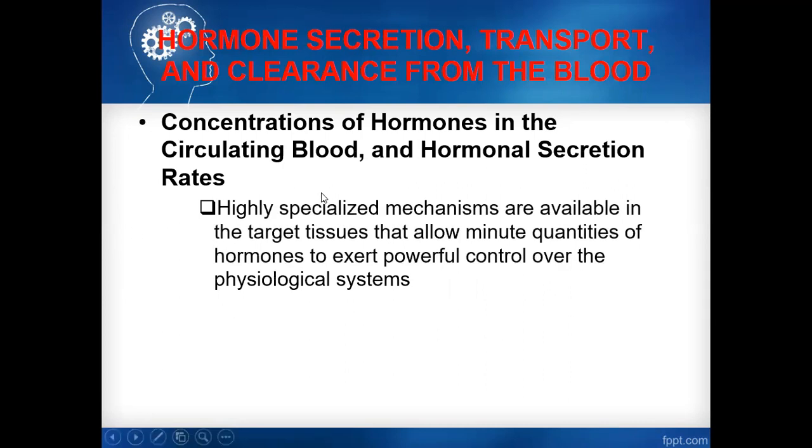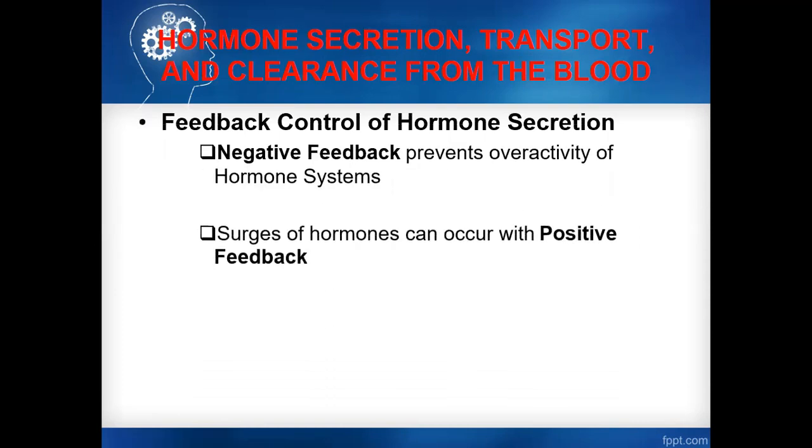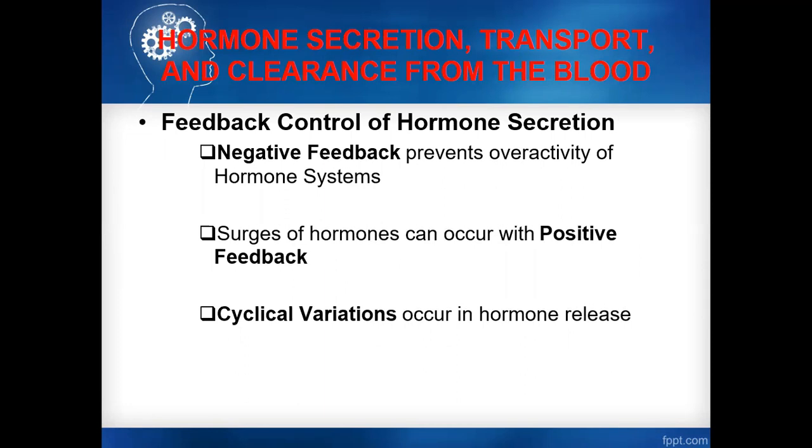So highly specialized mechanisms are available in the target tissue that allow minute quantities of the hormones to exert powerful control over the physiological systems. And I will be discussing these specialized mechanisms in the next few slides. So hormone secretion is controlled by feedback.